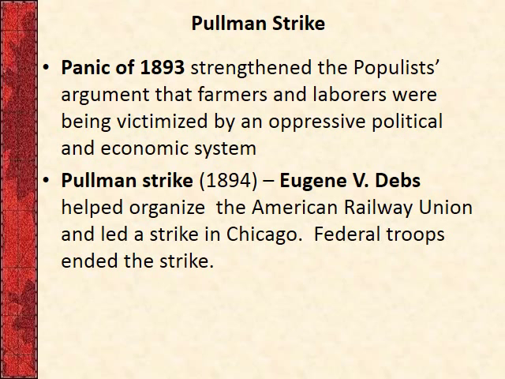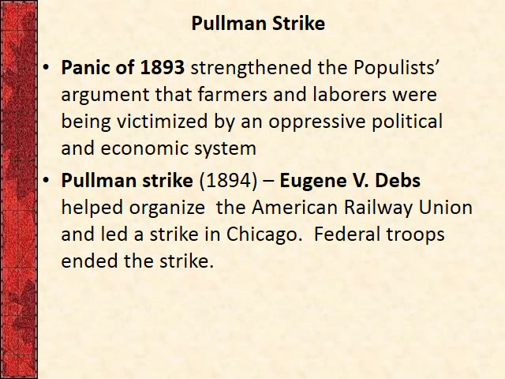Then your book talks about the Pullman strike and the Panic of 1893, which we've already talked about a little bit. So the Panic of 1893 was created by overspeculation and all that good stuff that recessions are always caused by. Remember, the panic forces a lot of businesses on the East Coast to close, and unemployment shoots up because all those workers get fired.